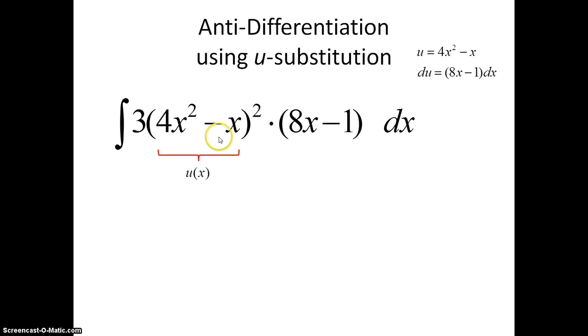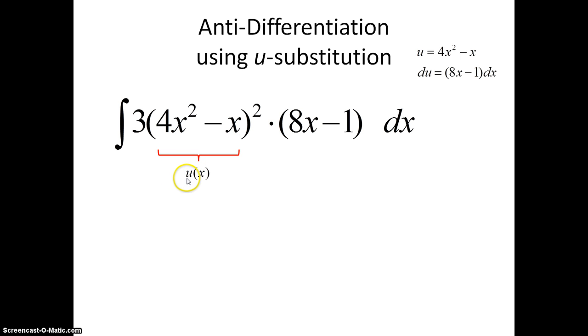And if we look for a composition, and maybe in this instance we look at this difference, 4x squared minus x, and we introduce this dummy variable u. And I'm going to record that up here in the right hand corner. If u is the quadratic, and we take the derivative of u, then we get this relationship between a new differential du and the old differential dx.